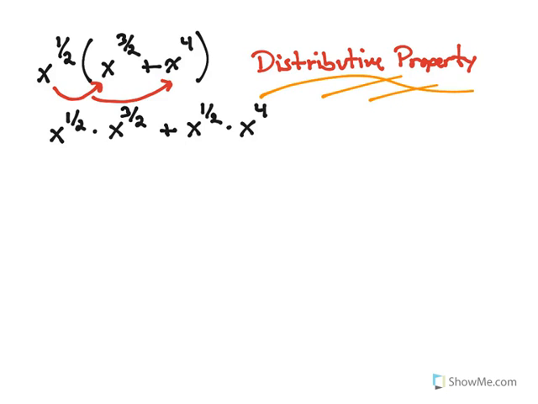Can you see that? All right. So remember the rules of exponents. When you get to this point right here, we need to add the exponents because you have the same base. Plus, same goes for here, 1/2 plus 4.